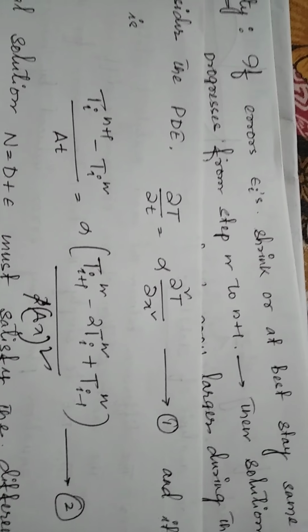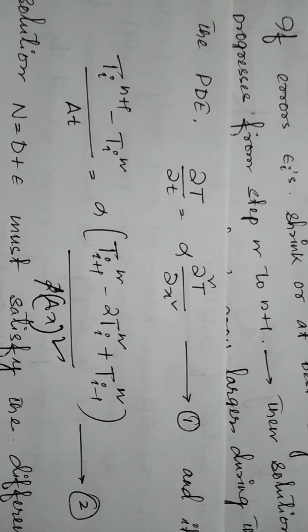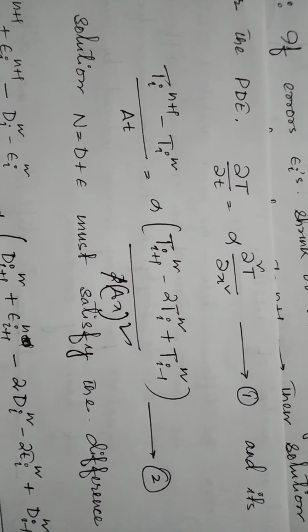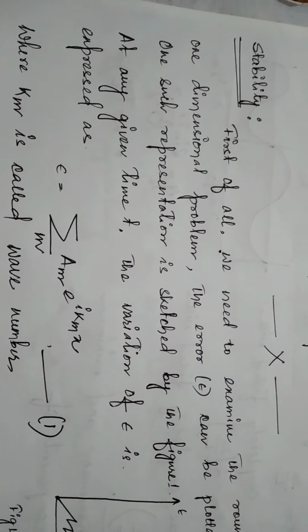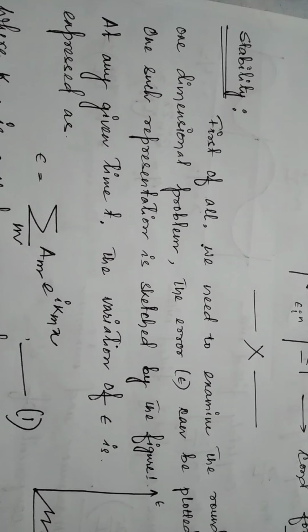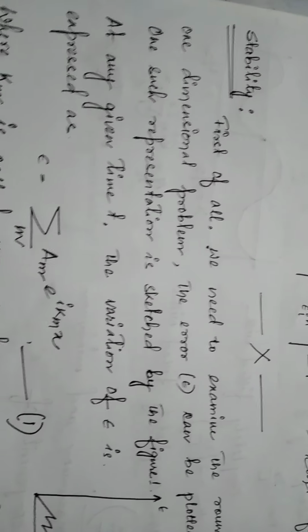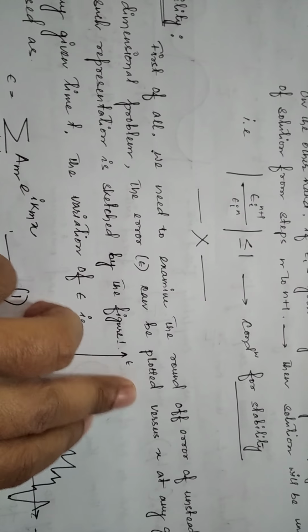Now we try to find the error of this particular difference equation, that is of equations 1 and 2. What is the property of error? Suppose we assume that errors either grow or decrease at a particular time with the change of x. We have two variables, x and time t.